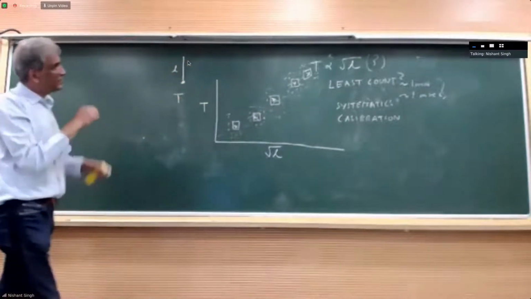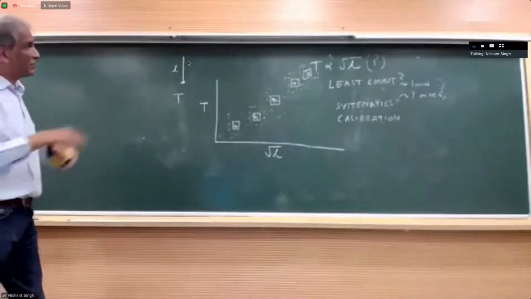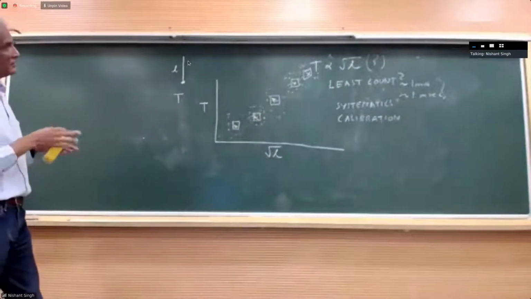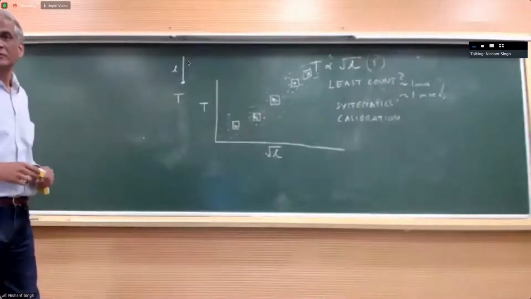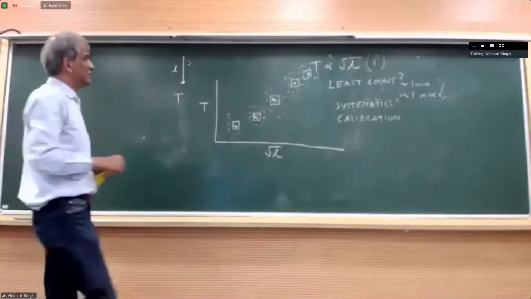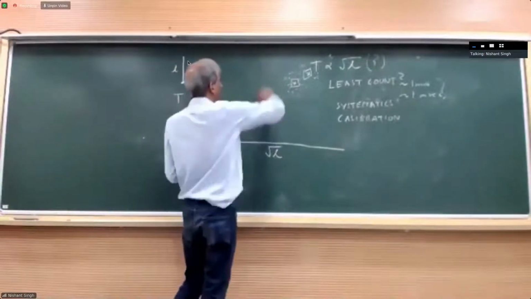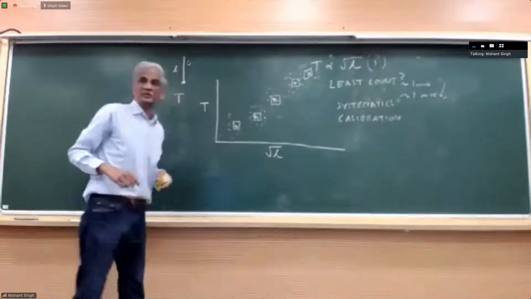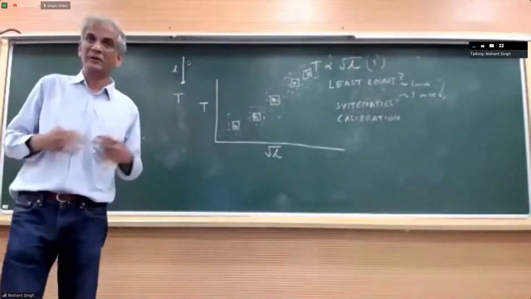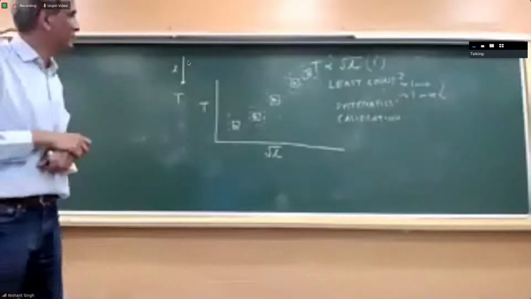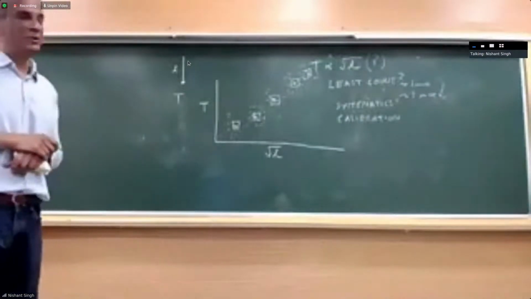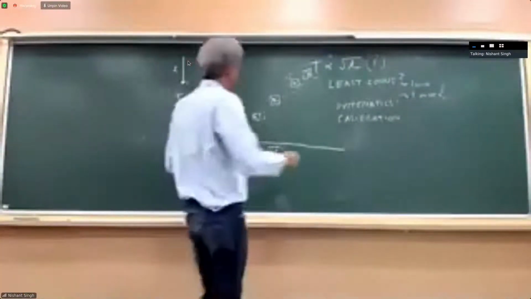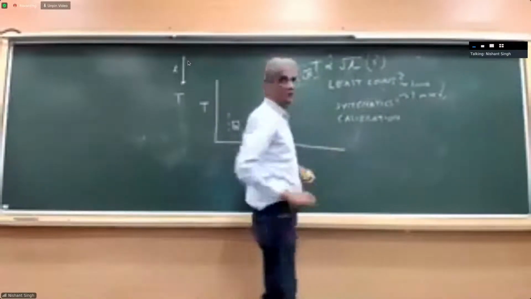Now, the bigger box is above your least count box, and it covers the systematics of the experiment. Once you see that, you pass a line, and you say, only if this line deviates from the bigger box, and I have good faith that I know how to do the bigger box correctly, will I be able to say whether T is proportional to root N or not.